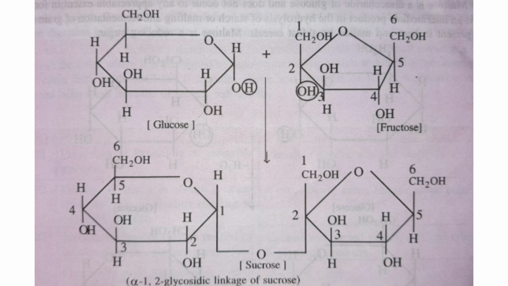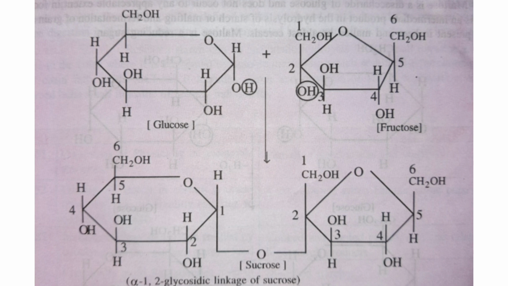It is composed of glucose and fructose joined by an alpha 1,2 glycosidic linkage. In the last video, I discussed the glycosidic linkage. What is the structure of the glycosidic linkage? I think you understood. It is present in table sugar, vegetables, fruits, etc.